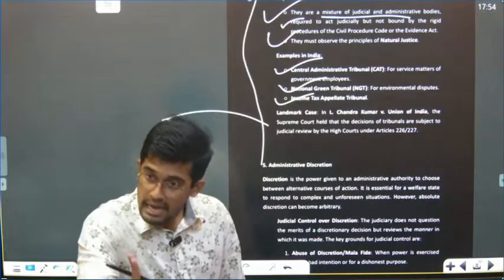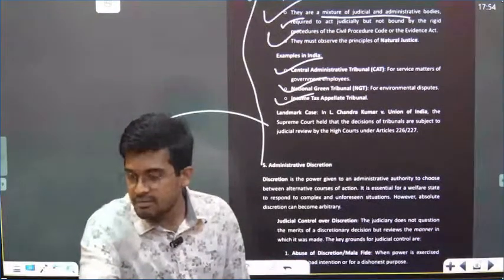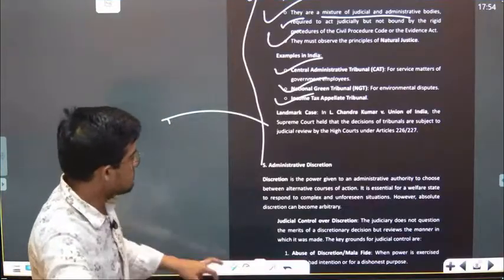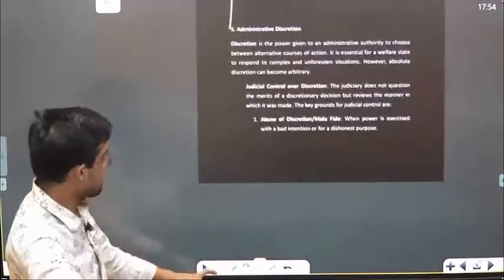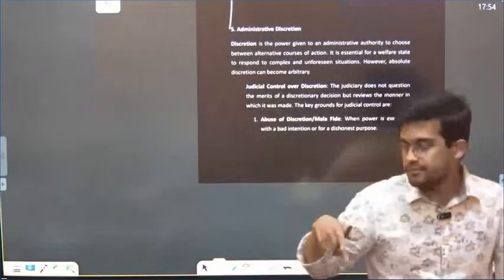The High Court has the first right to review those things, so the first appeal from these administrative tribunals lies directly to the High Court. In some matters, it lies directly to the Supreme Court also. So it differs.